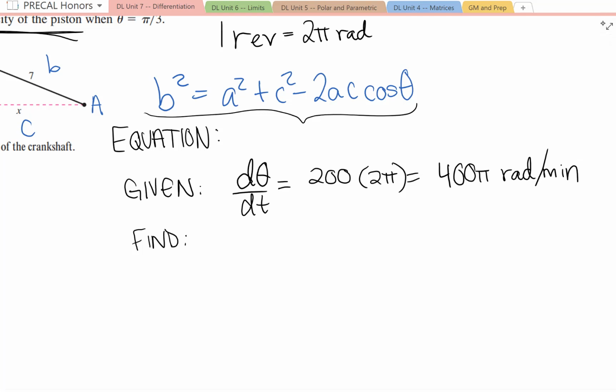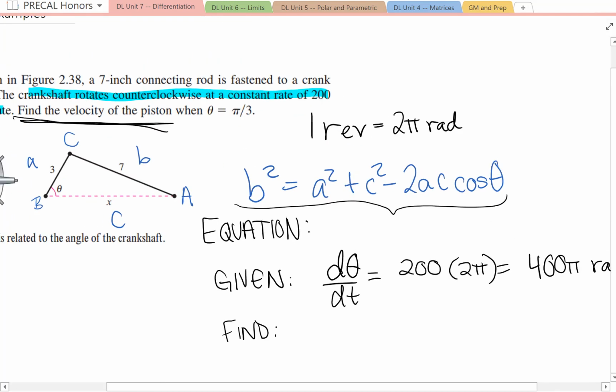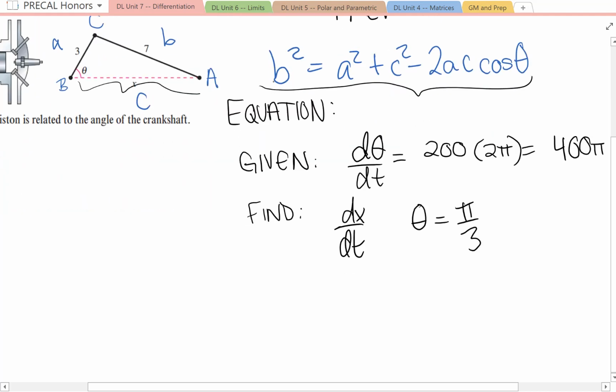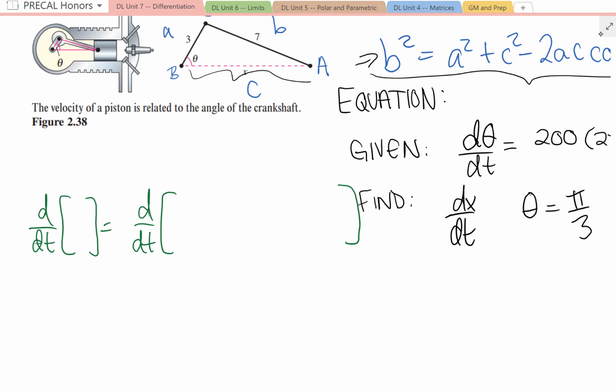And they've given us this as a constant rate. Then they want us to find the velocity of the piston, which is related to the change in the length of x. So we'll say find dx/dt when theta is pi thirds. To begin, we'll implicitly differentiate this equation. But wait, we actually have values to plug in.